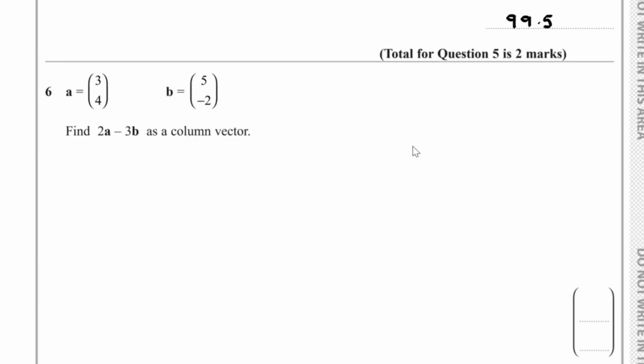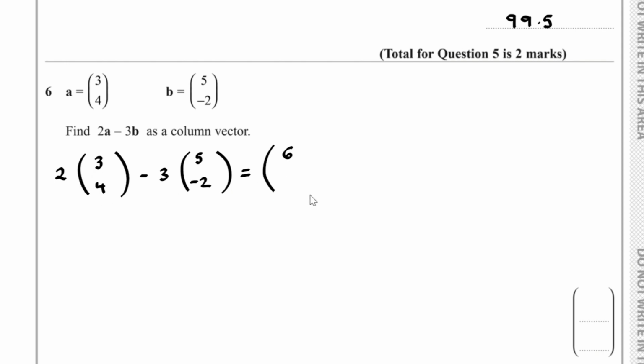Question number 6, we've got a which is equal to (3, 4) and b which is equal to (5, -2). We have to find the vector 2a minus 3b. So we've got 2 lots of (3, 4) minus 3 lots of (5, -2). So 2 times by 3 is 6, 2 times 4 is 8, and then we subtract.